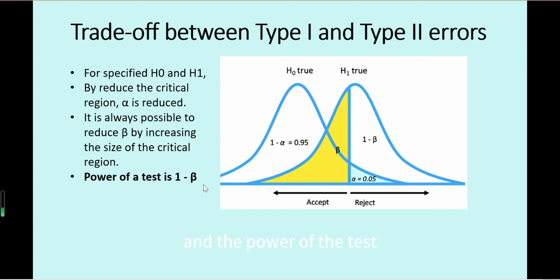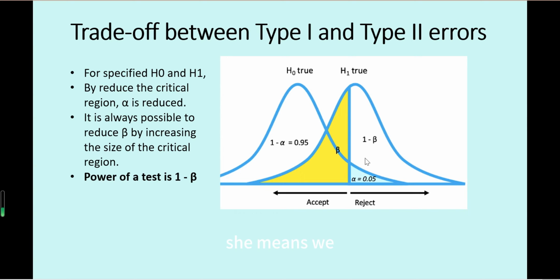The power of the test is 1 minus beta. Actually, it is the white area plus this one: from the H1 shape, 1 minus the yellow area. So it is all the area to the right of this decision rule under the H1 density curve. This probability represents the power of the test, which corresponds to accuracy in machine learning.